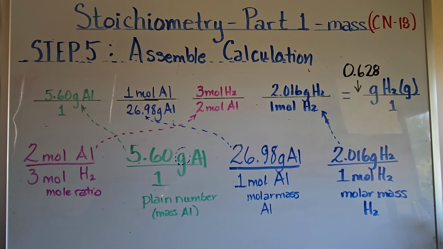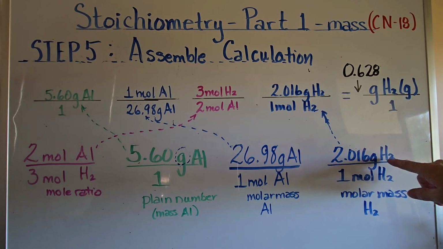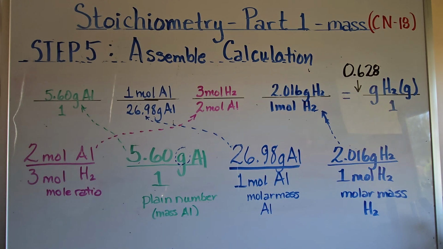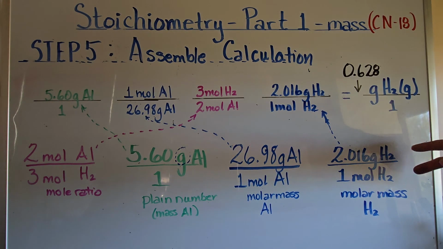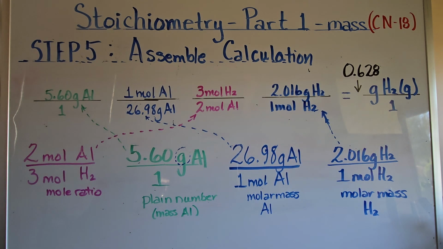That is, that has grams of hydrogen gas in the actual units and label of the unit factor. And for that, I chose the molar mass of hydrogen because it has grams of H2 in it. Now remember, I can use the unit factor as it's written, or I can always flip it upside down. Either one works.